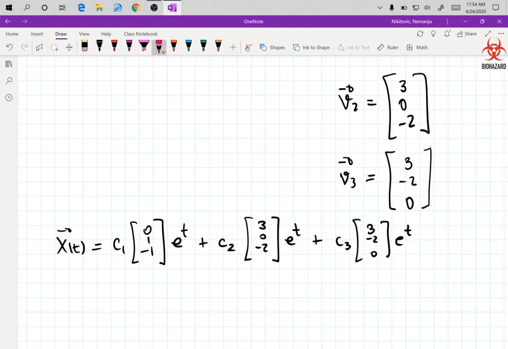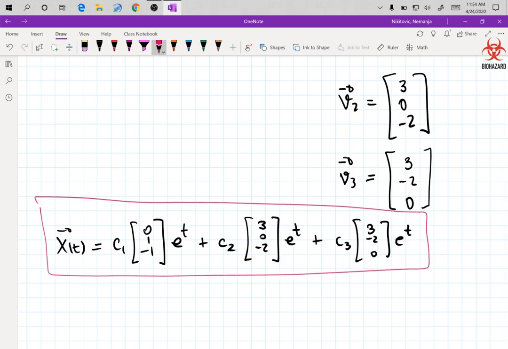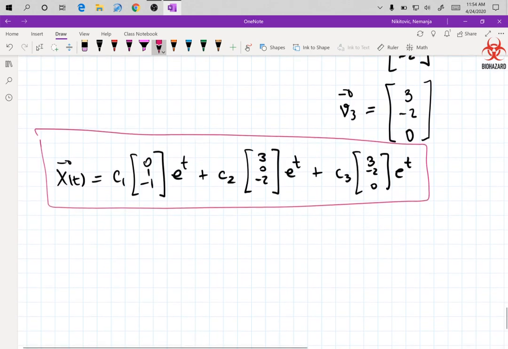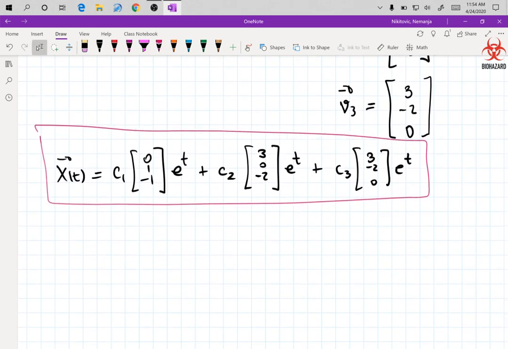And that's the solution. If you want the exploded form, I call it the exploded form, if you want to list all 3, you will have x1 of t equals to, now see there is a 0 there, so there will be no c1 term, you will just have c2 and c3 terms. And for the x2 you would not have c2, and for the x3 you would not have c3.